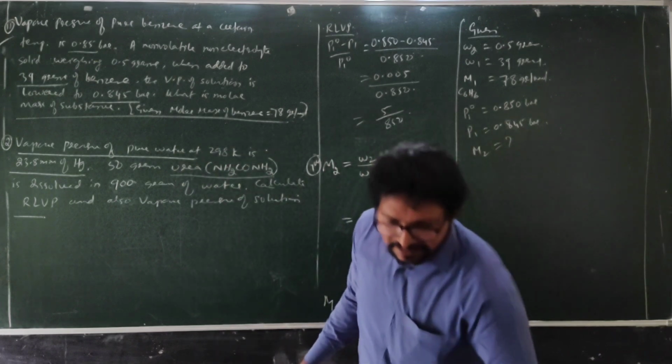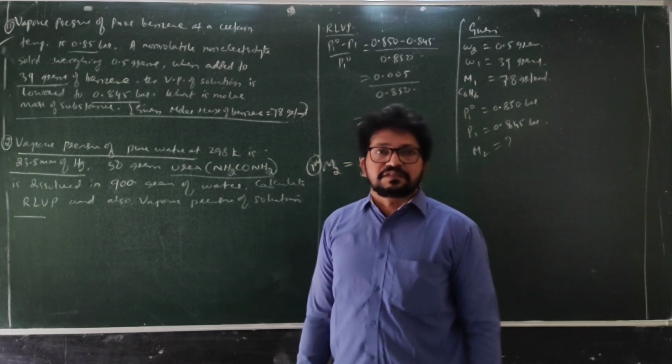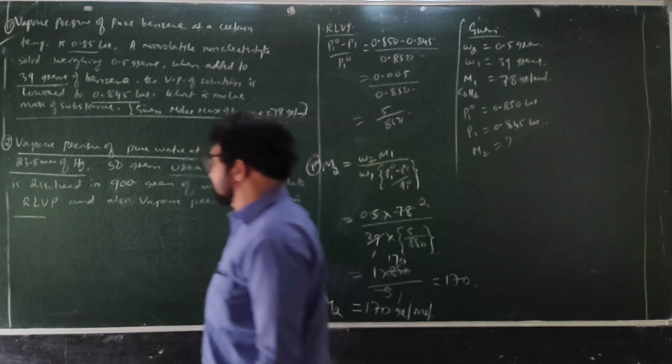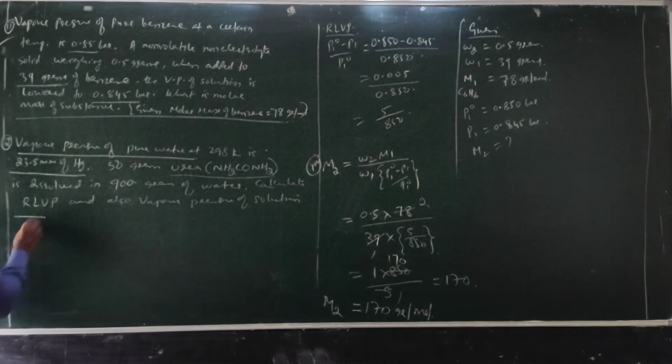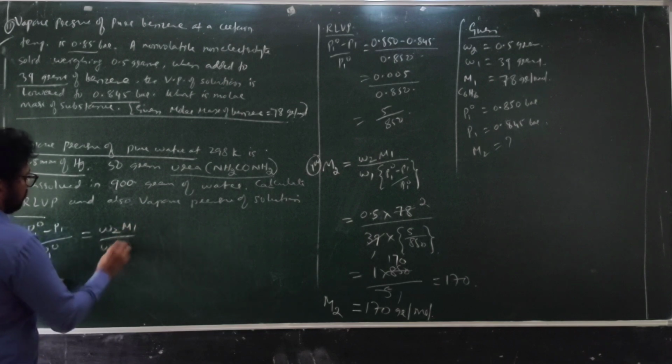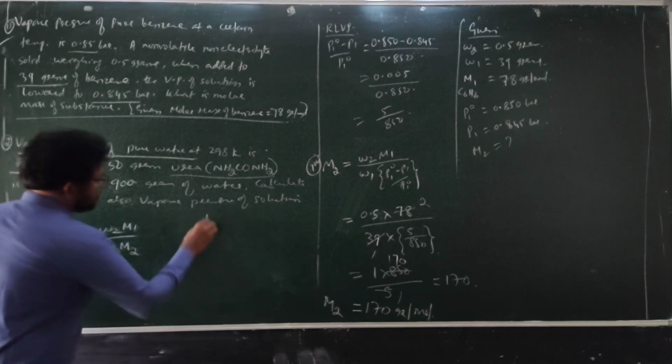So here I will first write the formula directly for RLVP. So RLVP is equal to (P1 naught minus P1) by P1 naught equal to W2 M1 divided by W1 into M2. So here all the things are given.